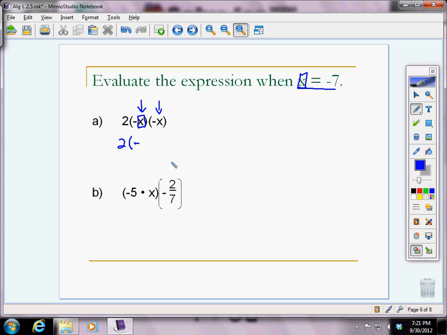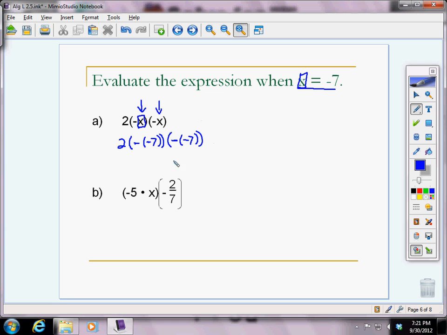Not, there's already a negative sign, I'll make this a negative 7. Again, we're going to be dealing a lot more with negatives than with variables, so we have to be careful. Same thing here. That's why a lot of times you hear me refer to this as the opposite of. This is like saying times the opposite of x. Well, what's x? x is a negative 7.